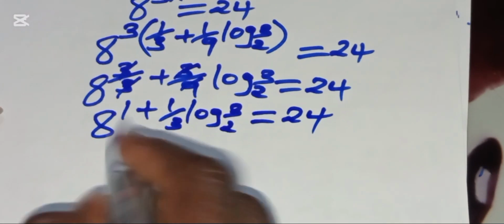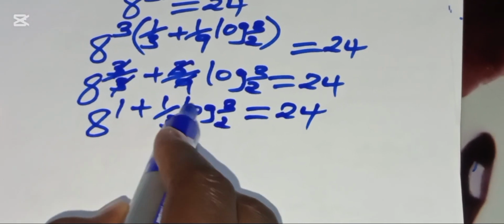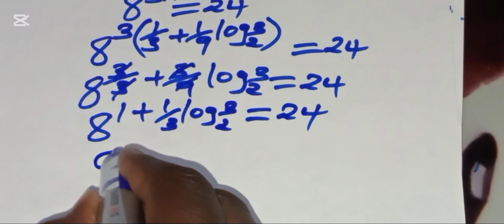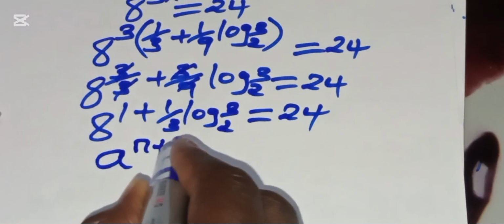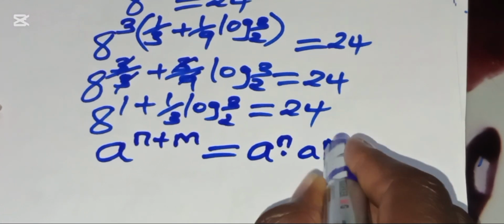Now from what we have here, 8 raised to power 1 plus a third log 3 to base 2 is in the form of a raised to power n plus m, which we can express as a raised to power n multiplied by a raised to power m.